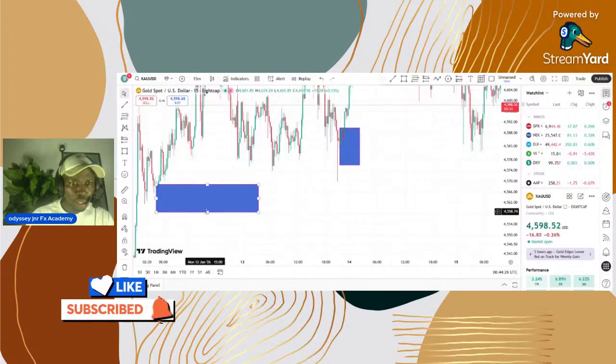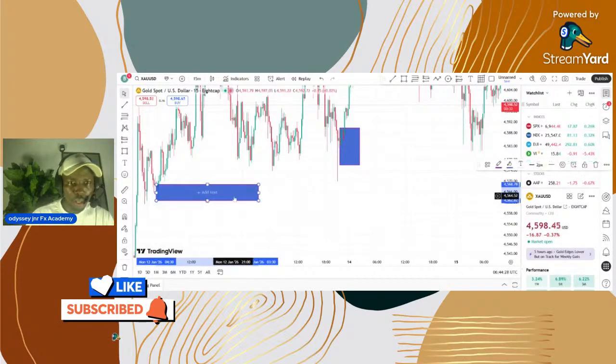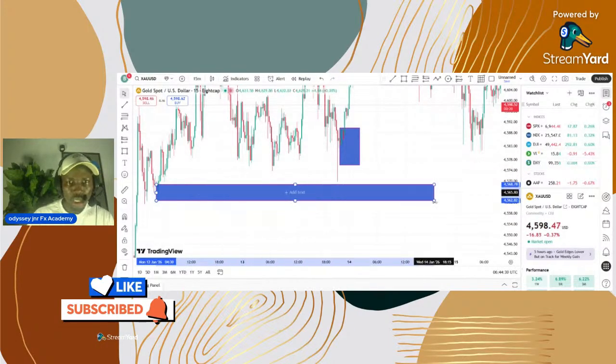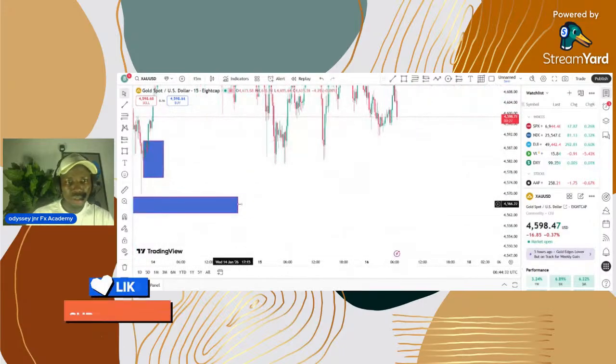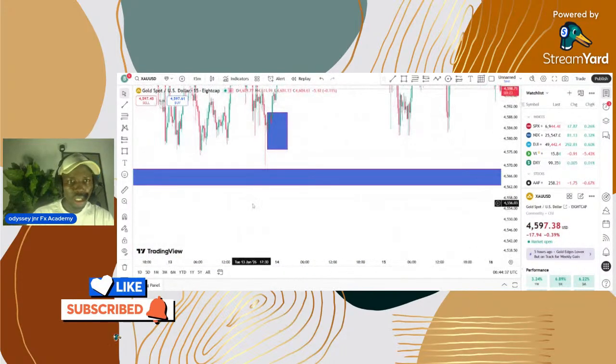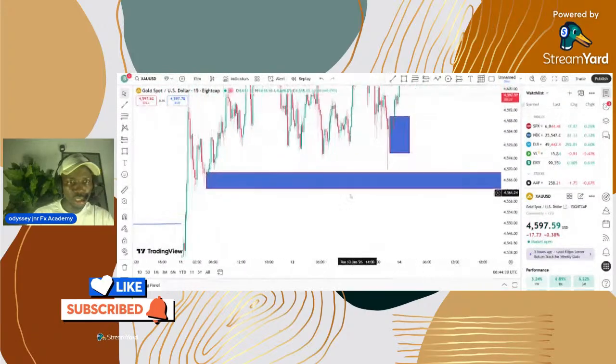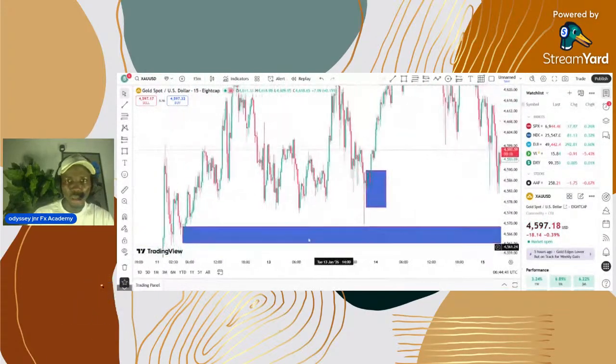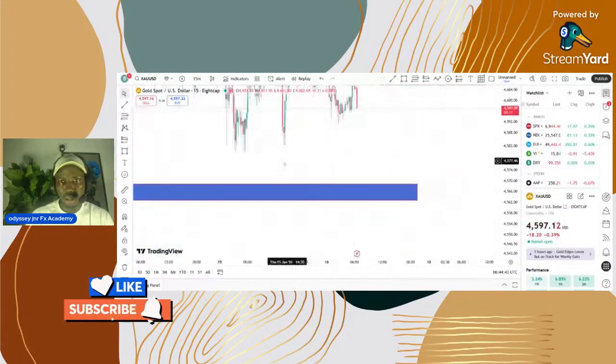The market has been playing out this way, so we are expecting the market to react to this order block that we have that is valid now.